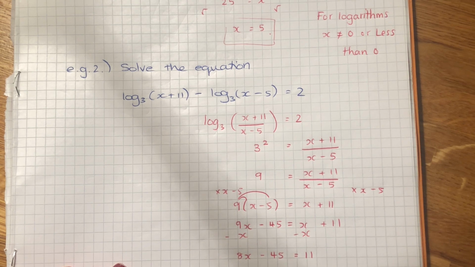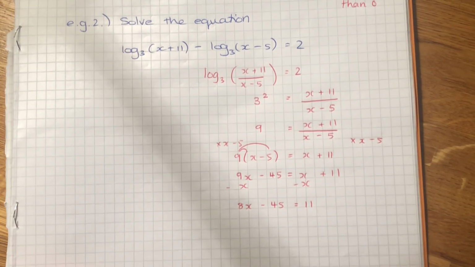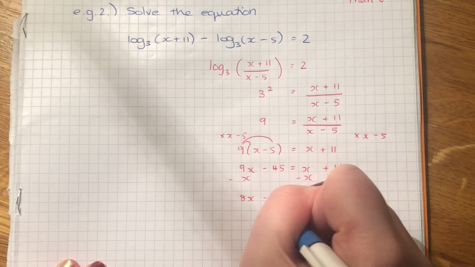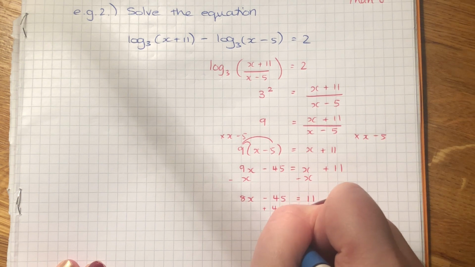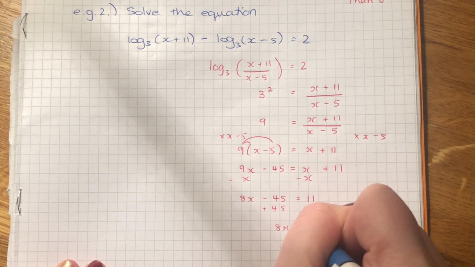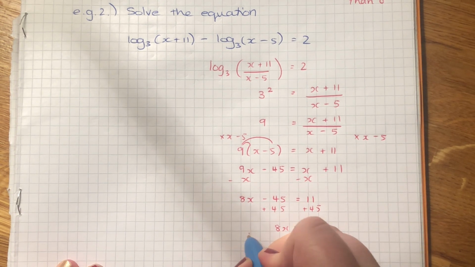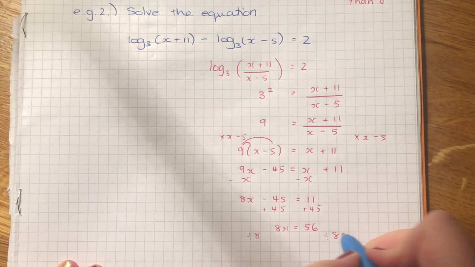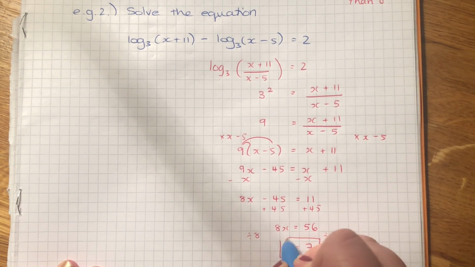Okay, so we've then got 8x minus 45 equals 11. Add 45 to both sides. So we get 8x equals 56, and then divide by 8. So we've got 1x is equal to 7, and that's the final answer.